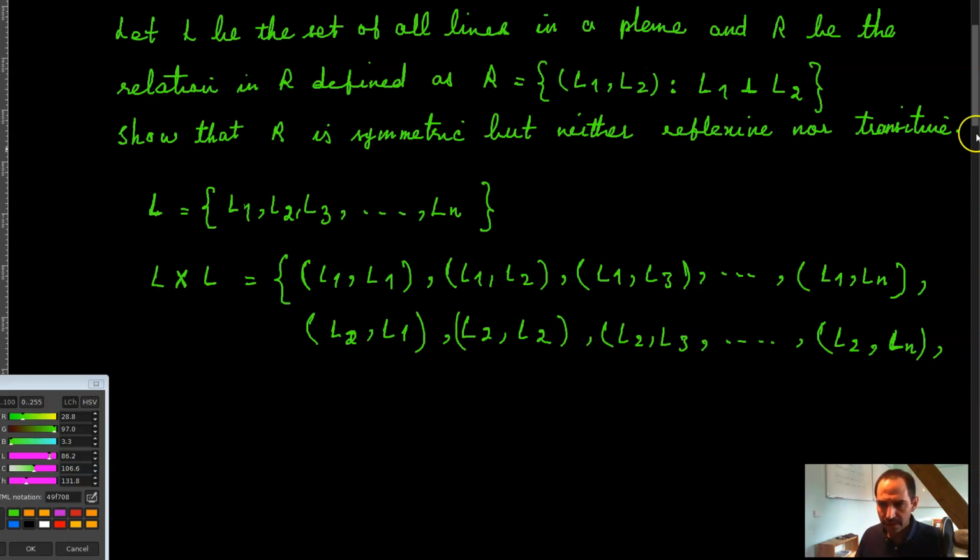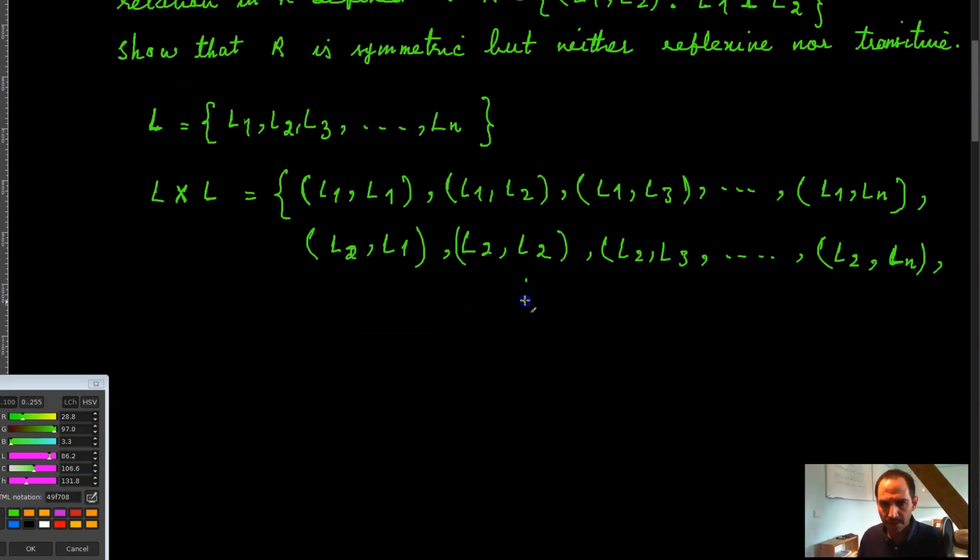And you can just keep going all the way up to (L of n, L1), and you can keep going in this direction until you get to (L of n, L of n).